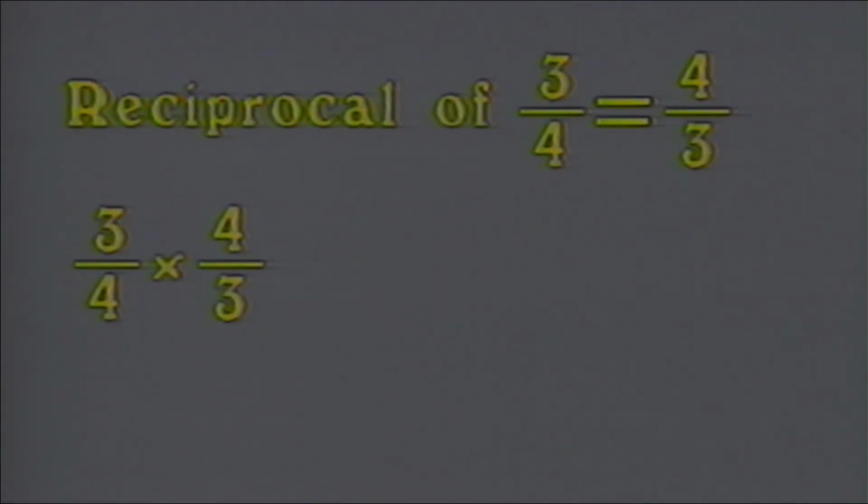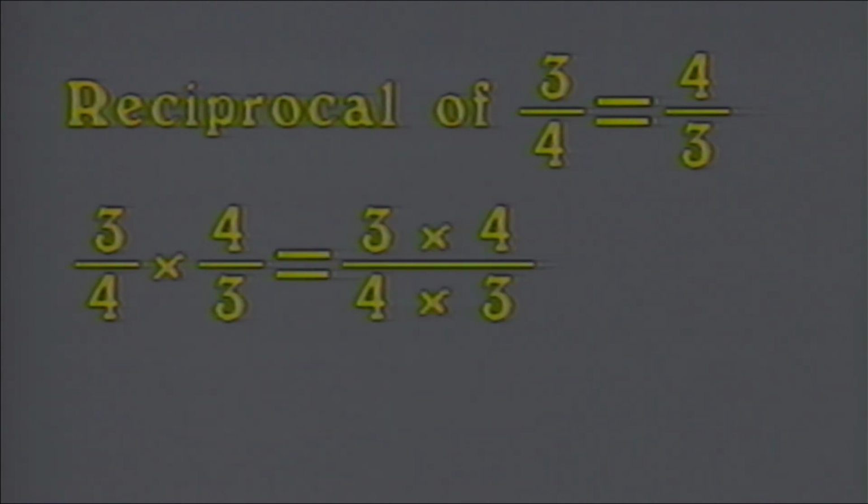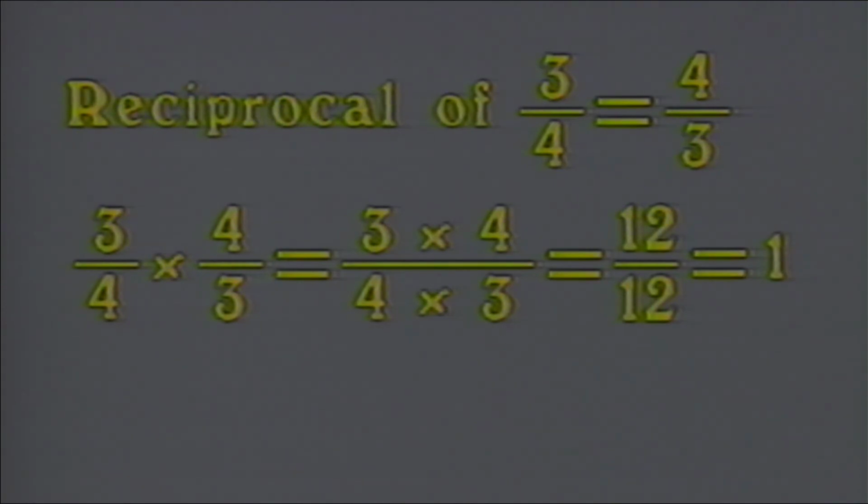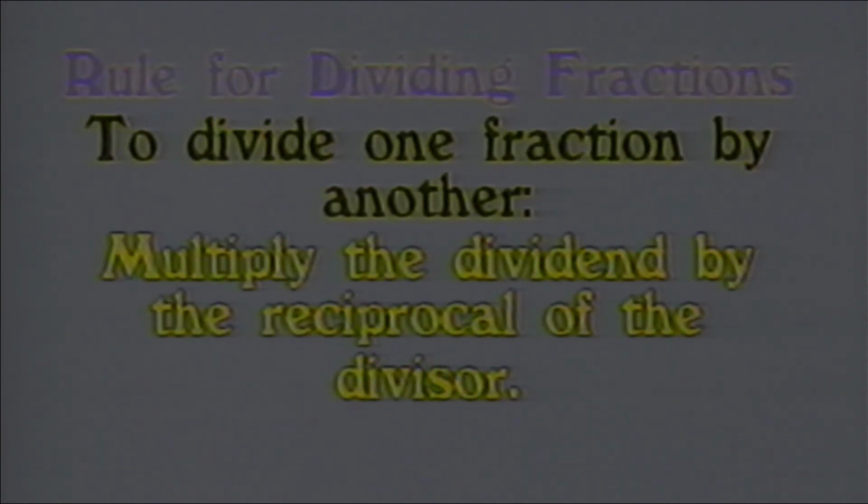And 3/4 times 4/3 equals 3 times 4 over 4 times 3, which is 12 over 12, which equals 1. Now we can give the simple rule for dividing fractions. To divide one fraction by another, multiply the dividend by the reciprocal of the divisor.